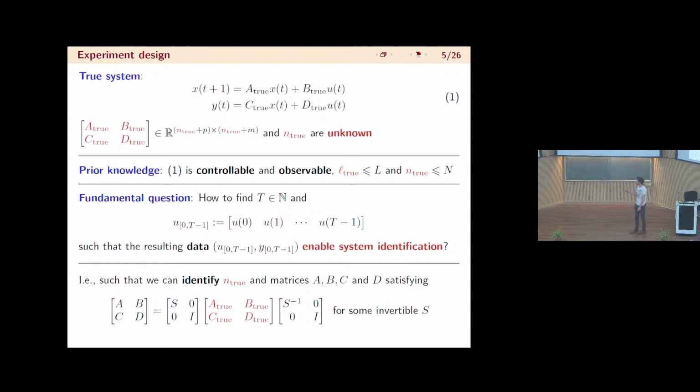And also, I want to be able to identify matrices A, B, C, and D that are isomorphic to the true system. In other words, they only differ from the true system matrices by a state space transformation. And that state space transformation is given by this non-singular matrix S. That's the goal.